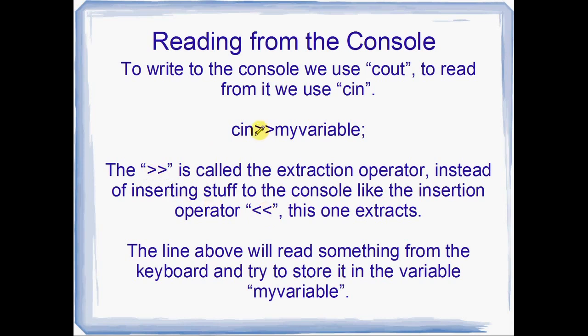We put this after a cin, and what this is going to do is read a value from the keyboard that we type, and store whatever we type into my variable. So my variable here would be something that we've declared, either an integer or a float or a double, whatever it is. And cin is going to read what we type at the keyboard and store that in the variable my variable.